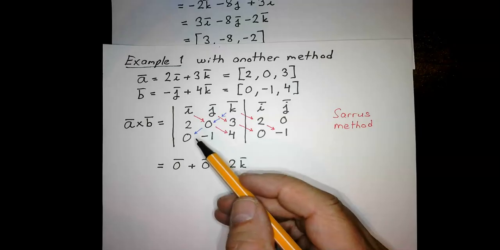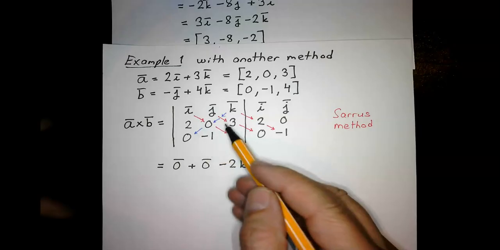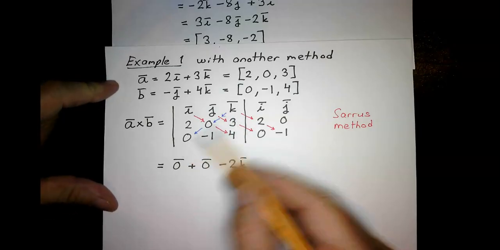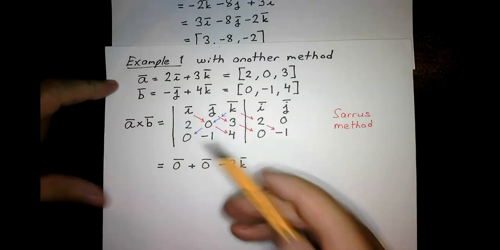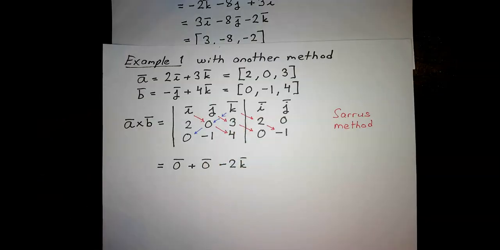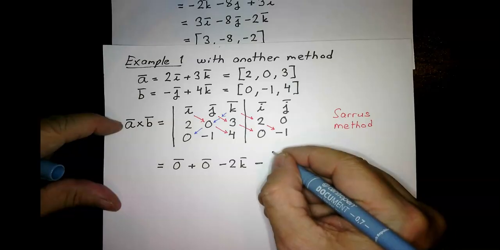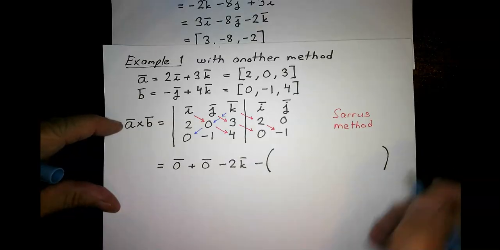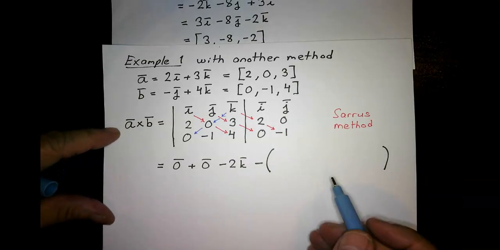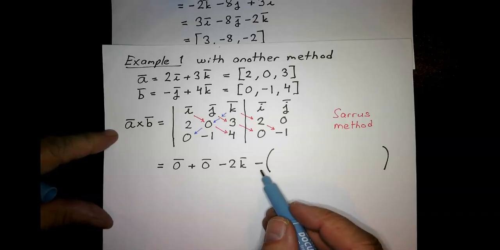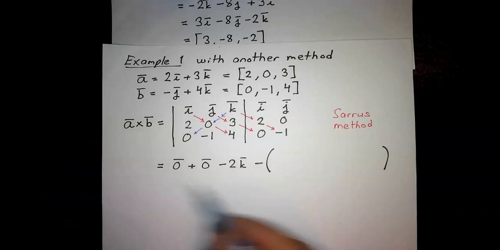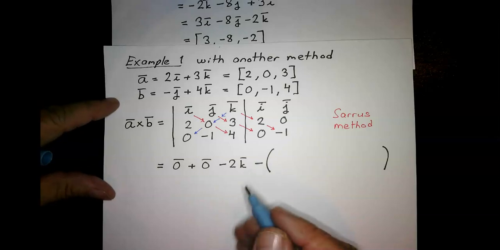So this will be 0. This is the result of this multiplication. And this is the negative direction, so I will take a minus sign here and brackets. So all these will be subtracted from the first part.